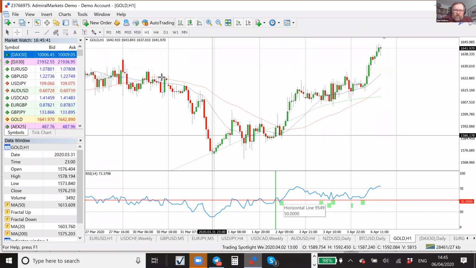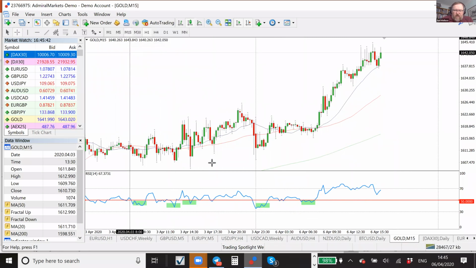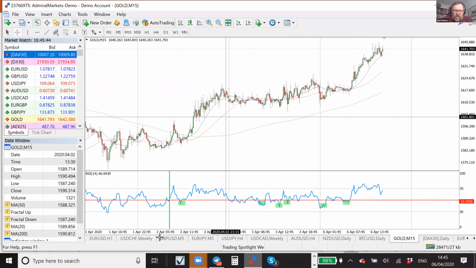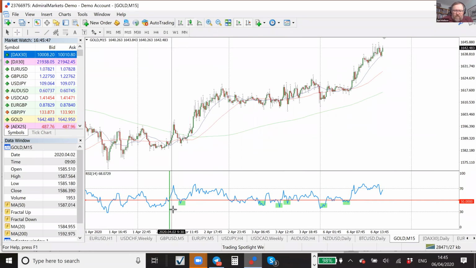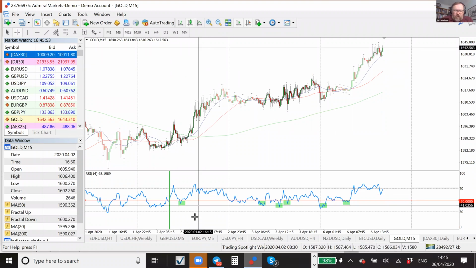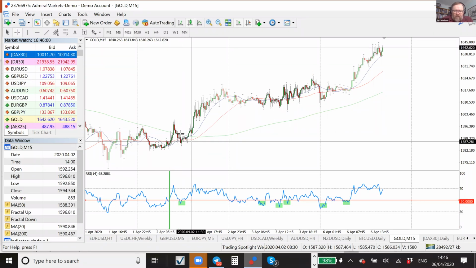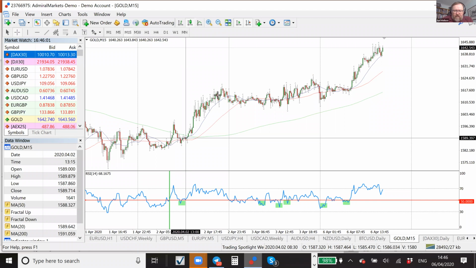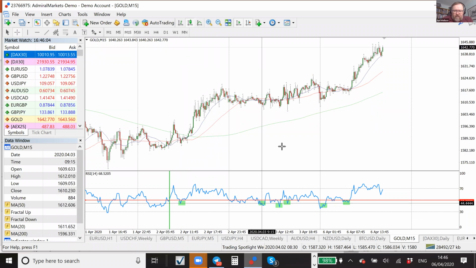Now I'm looking to move down to the 15-minute chart. If I zoom out, I can see where I've drawn in my vertical line from my 1 hour chart. I know I've got a bullish bias. On the 15-minute chart, we can see that as price dips beneath the 50, every time it pulls back it gives us rejection candles, which are opportunities to get on board.